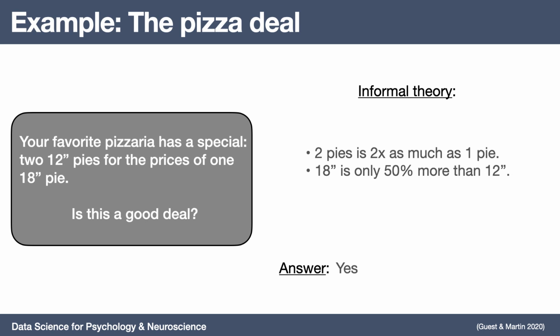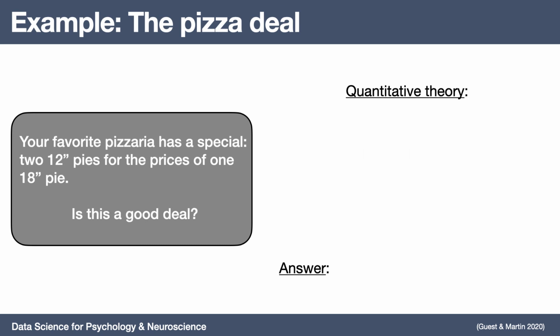Now, the nice thing about this example is you can actually easily put this in the form of a quantitative theory. So instead of just using the colloquial verbal "two pies is twice as much as one pie and 18 inches is only 50% more than 12 inches," why don't we just quantify the amount of food? We know that the area of food is just pi r squared because the pies are circular.